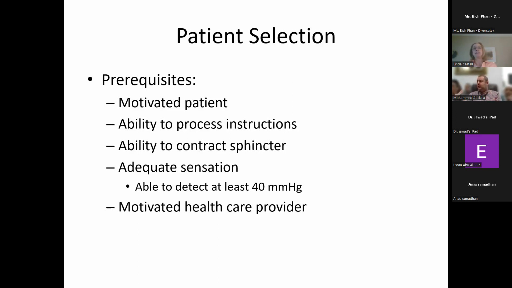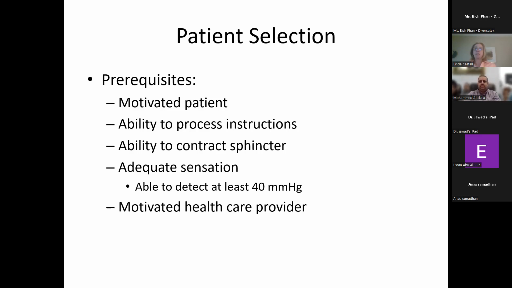Your patients have to have the ability to process instructions. So if your patients have dementia, Alzheimer's, they may not be good candidates. They have to really be able to process these instructions and what they have to do at home, and to understand these muscles that they're using. As I mentioned before, they have to have some ability to contract that sphincter.